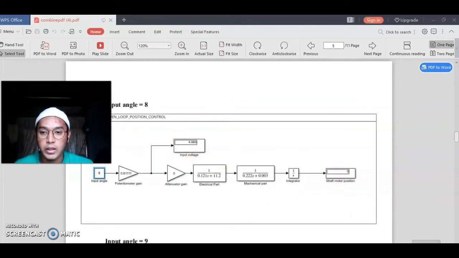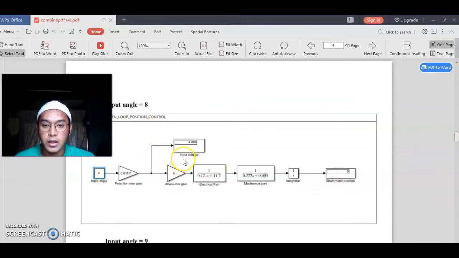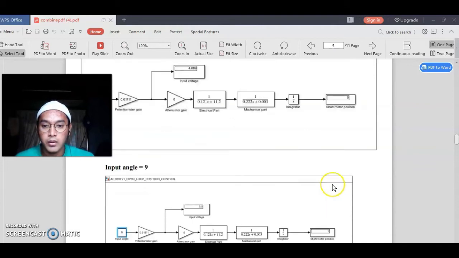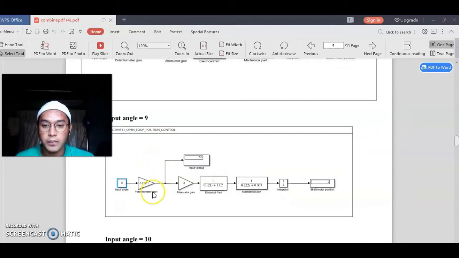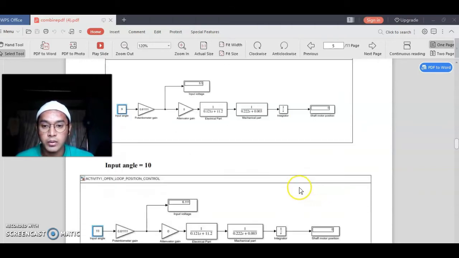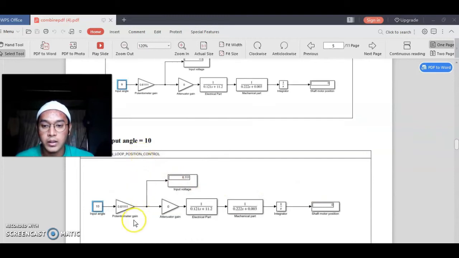For input angle 8, input voltage 4.889 and shaft motor position 0. For input angle 9, input voltage 5.5 and shaft motor position 0. For input angle 10, I get 6.111 and the shaft motor position is 0 also.